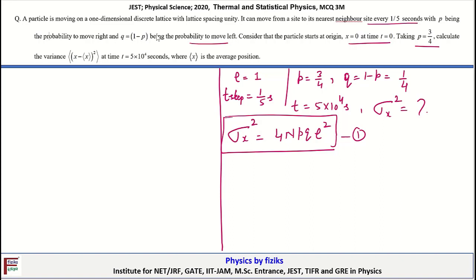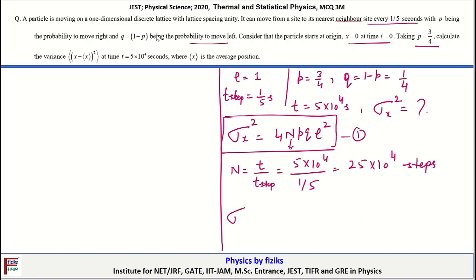So we are supposed to calculate the value of capital N. Capital N is equal to the total time t divided by the time taken for executing one step, that is 5 into 10 power 4 seconds divided by 1 by 5 seconds, which is equal to 25 into 10 power 4 steps. So this is the number of steps.